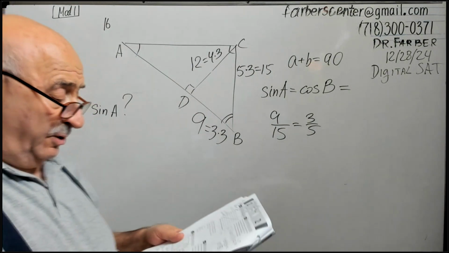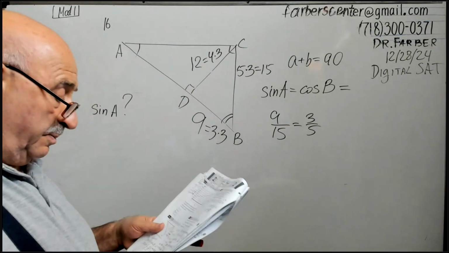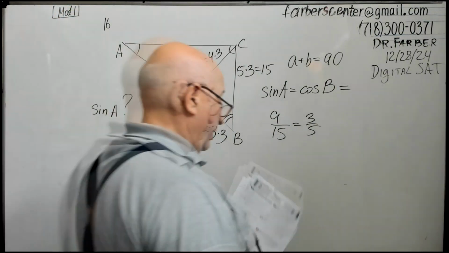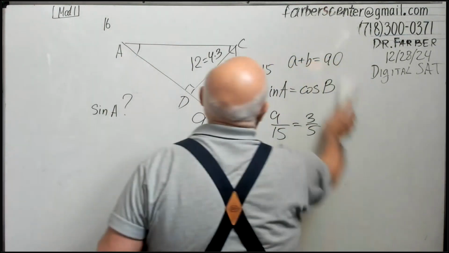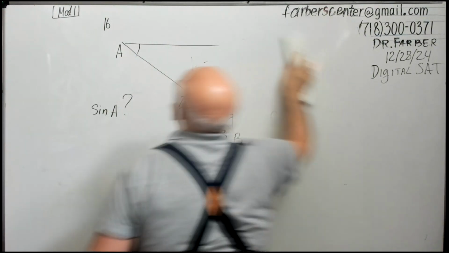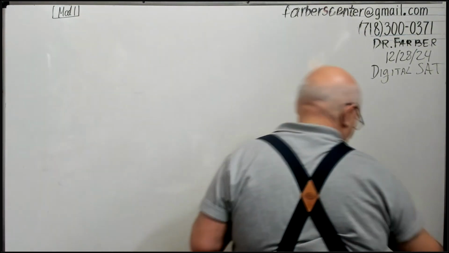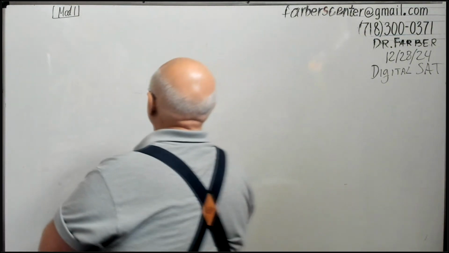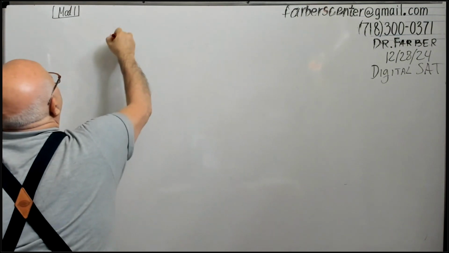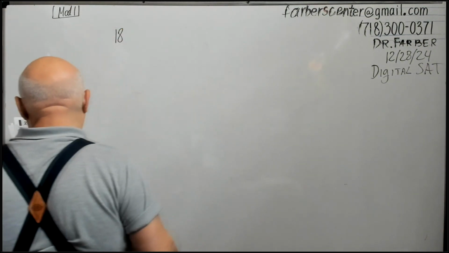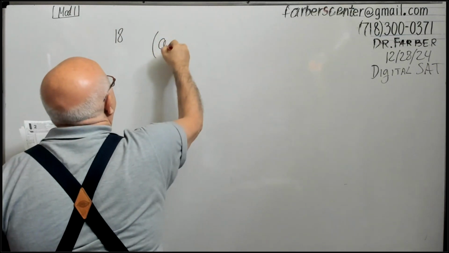Number 18. Some students. Okay, 18. What do we know? You have point AB. This is a given point.